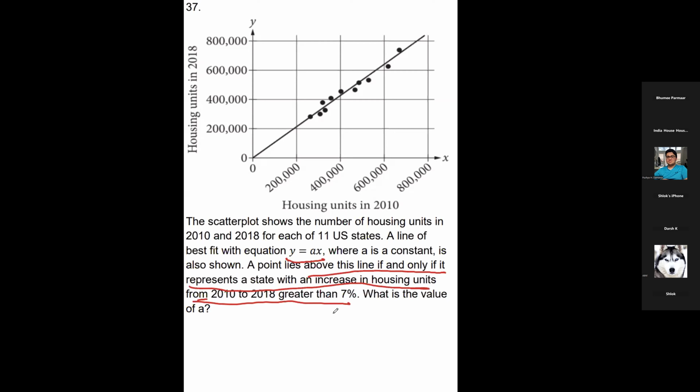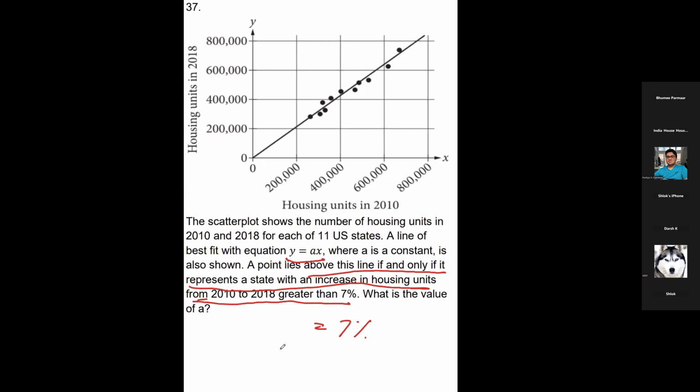That would mean that the line is equal to 7%. So for the formula y equals ax, we have to have the original number in it, which would be 200,000 plus 7% or 400,000 plus 7%.